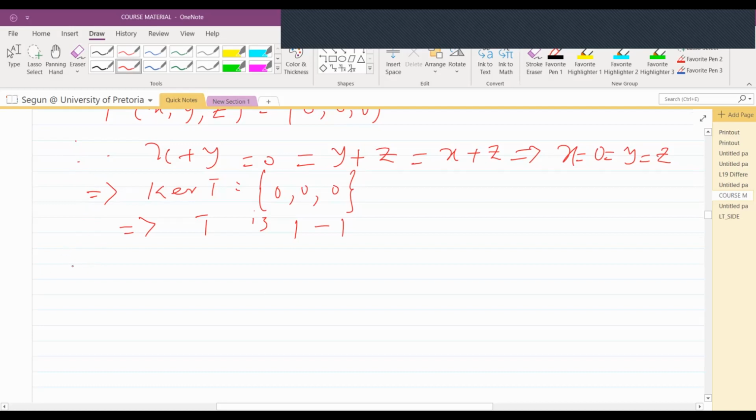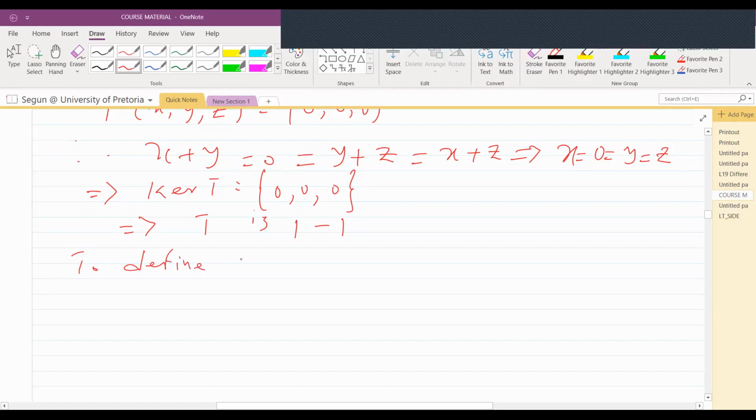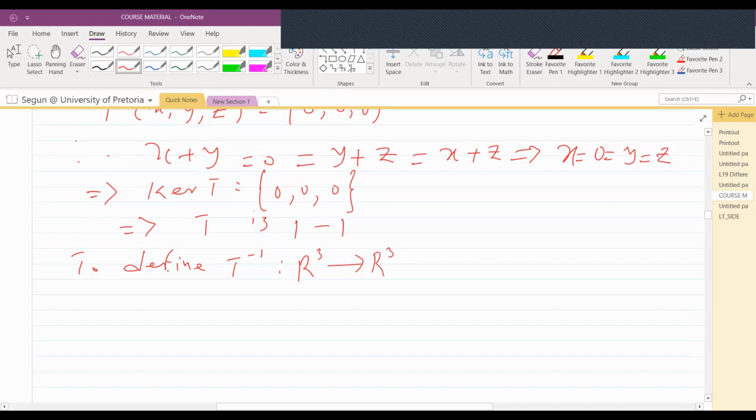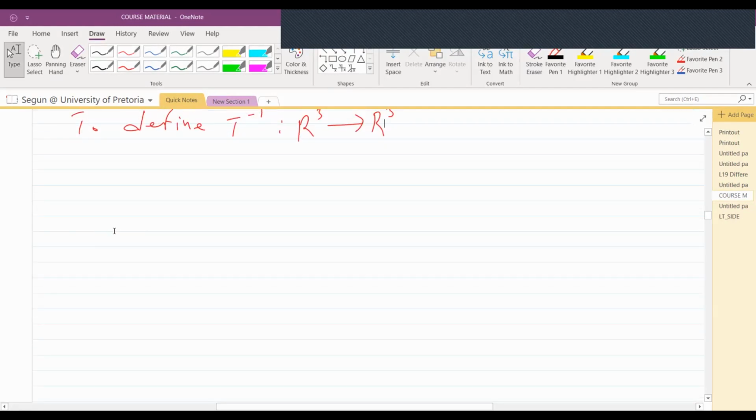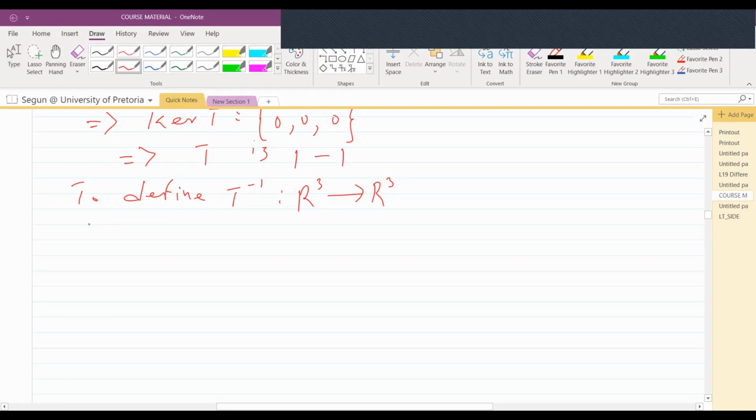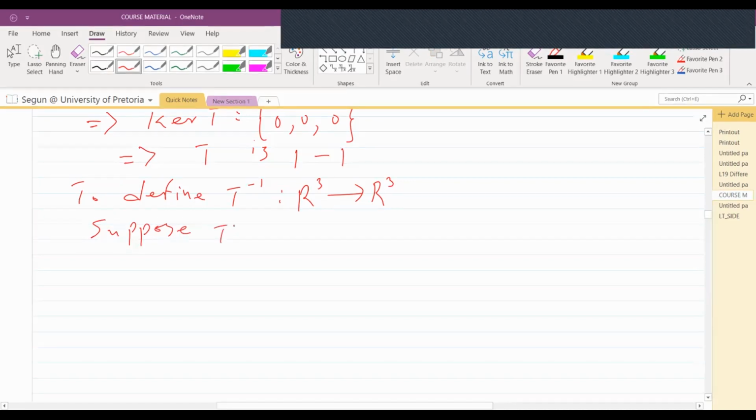Now, to define T inverse, such that R3 maps to R3, suppose T inverse of (X, Y, Z).